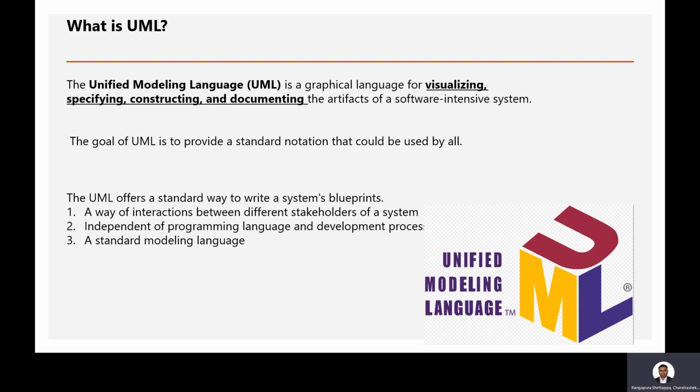It helps us to create a blueprint of the software we are trying to build. It acts as an interface between the different stakeholders of the system. It's a platform independent language. It can be used for any object oriented or non-object oriented programming languages. And it is a standard modeling language.